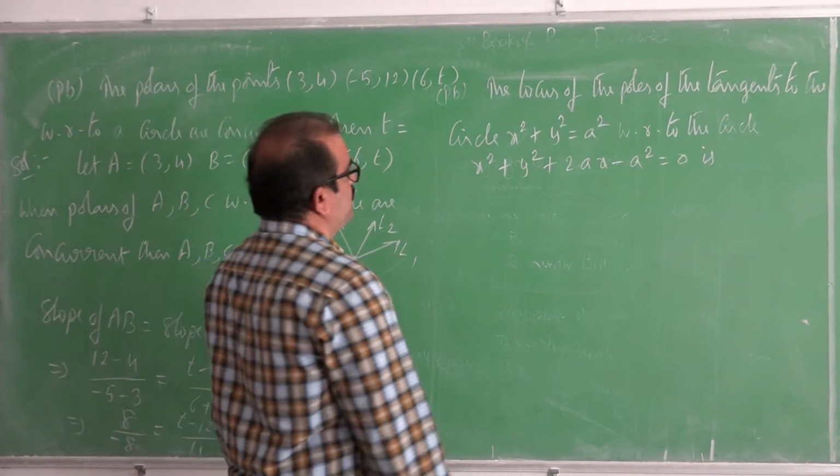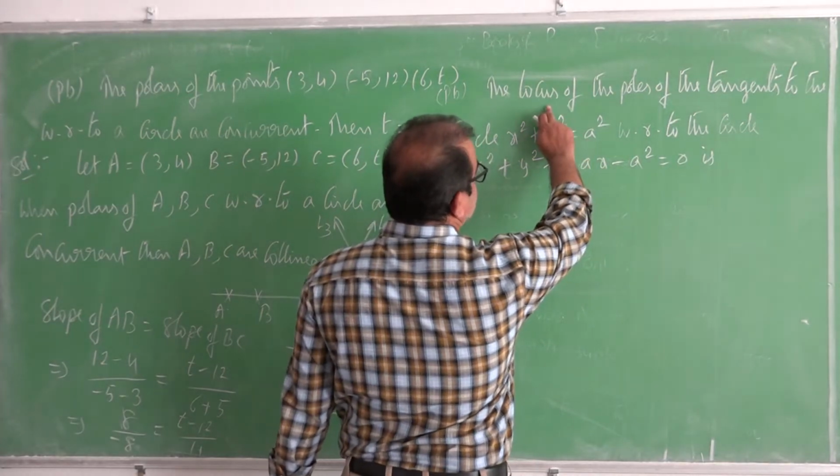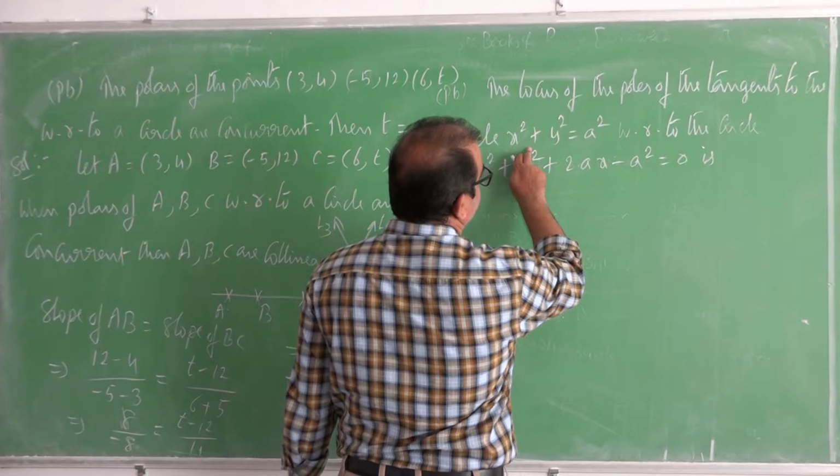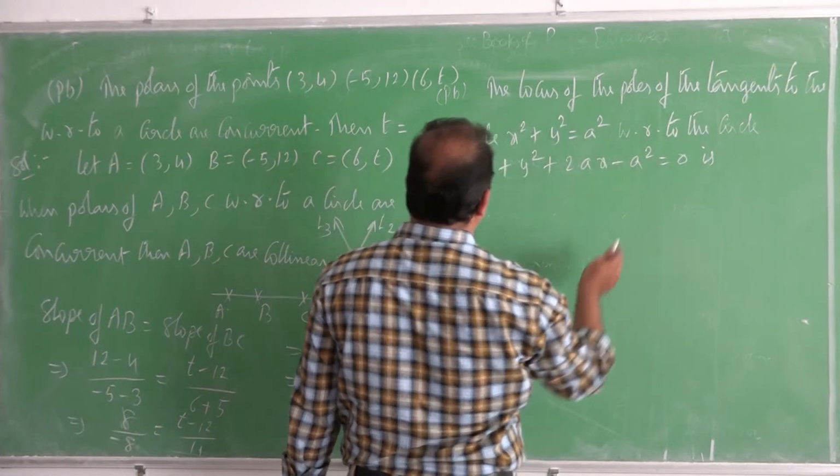Here we want to find the locus of the poles of tangents to this circle with respect to this circle.